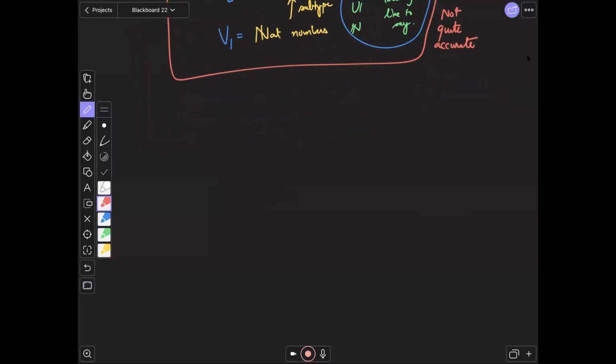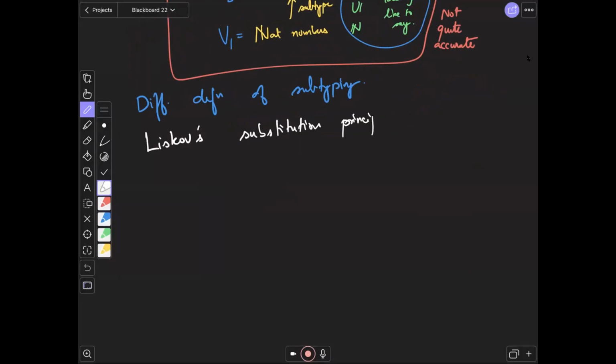So what we are going to do today is use a different definition of subtyping. We are going to borrow from a principle we have seen before, called the Liskov substitution principle, which we saw in the context of inheritance of objects. Today we are going to use the same principle for subtyping.